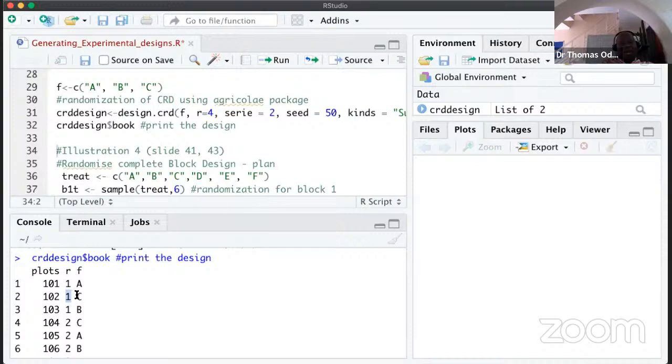Rep 1 for C, rep 1 for B, okay? So what it's saying is that plot 1, plot 2, plot 3, in our case, we say rat number 1, rat number 2, rat number 3, rat number 4, rat number 5, rat number 6. So rat number 1, which is the first replicate, will have A, rat number 2, rat number 3, rat number 4, and so on and so forth.